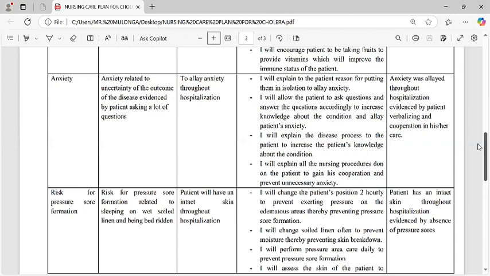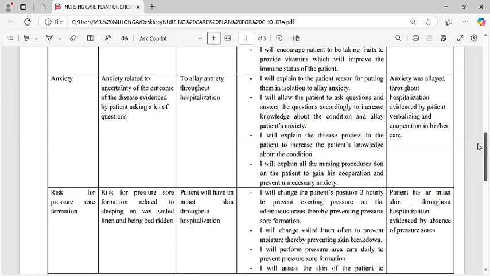So you have to explain the disease process, how they get infected, how they can infect others, the treatments involved, and all that, so that the patient will have enough knowledge. Because we say knowledge is power. So when they have enough knowledge, their anxiety will be reduced, because they have at least the knowledge required about that specific condition.